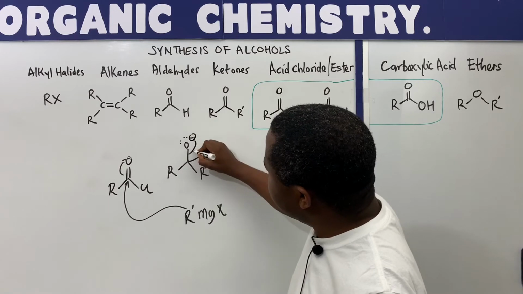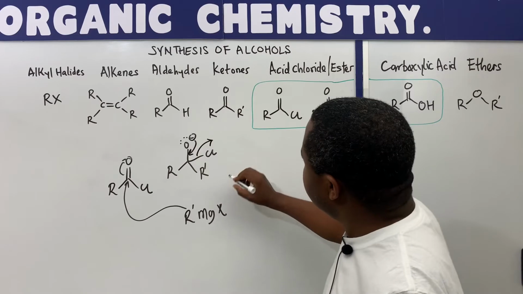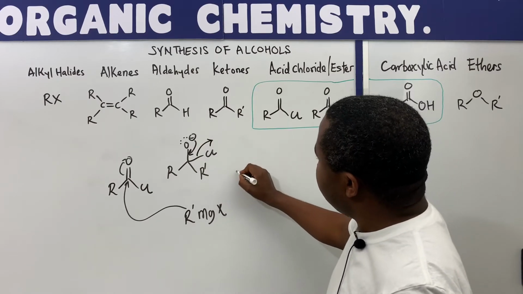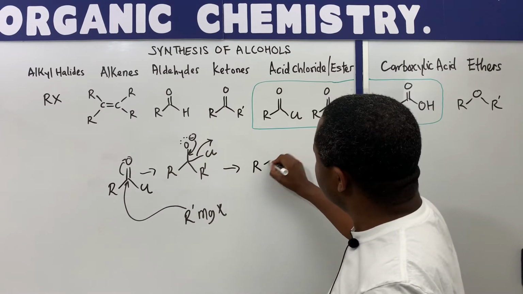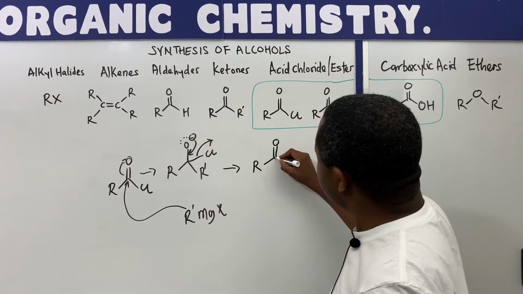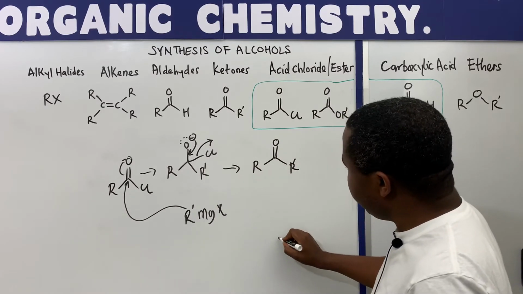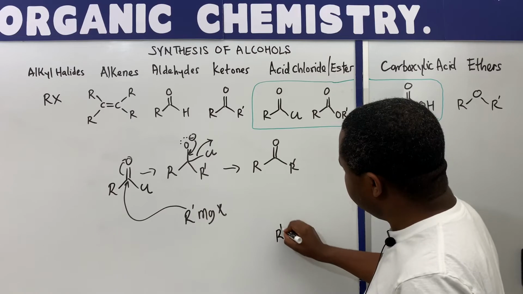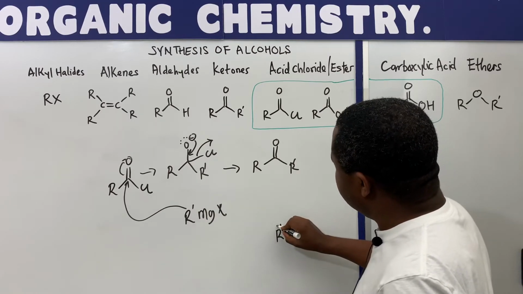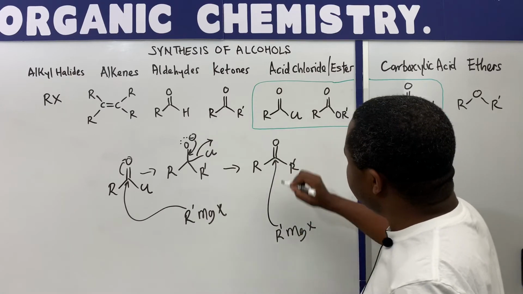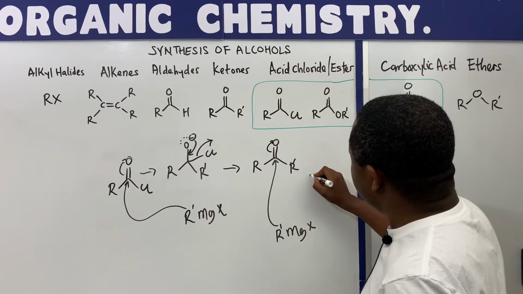And then this comes back, releasing the chloride ion, so that we have something like this. And then the second mole of the Grignard reagent will attack the resulting ketone, forming an alkoxide.